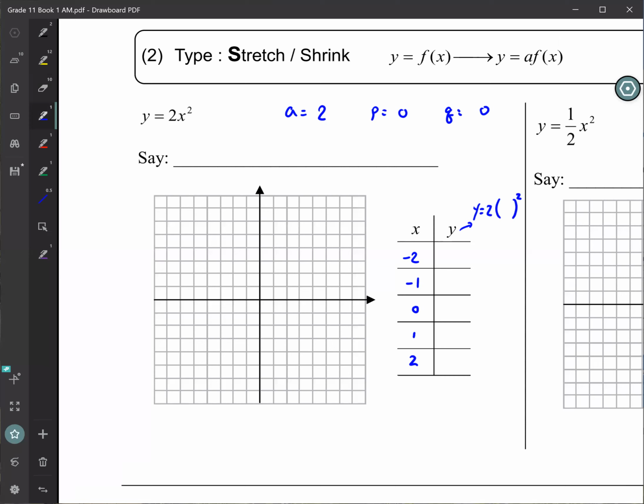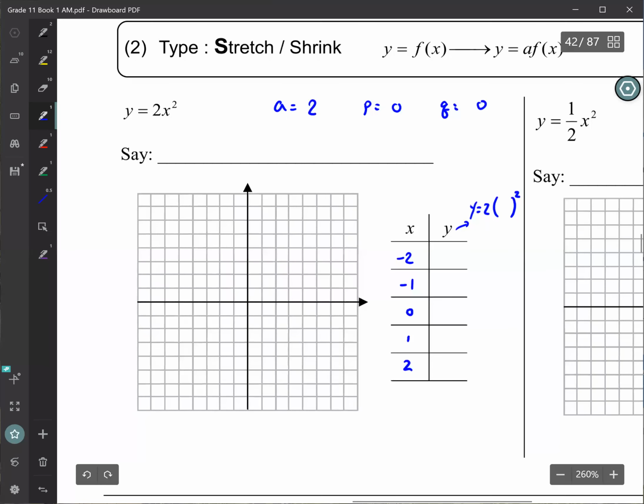Follow the order of operations. You have to square first and then multiply by 2. Do not multiply by 2 and then square. You need to do the exponent before everything else. So please complete the table and raise your hand. This time I'll let you complete the graph too. So finish the graph and the table, then you can raise your hand.